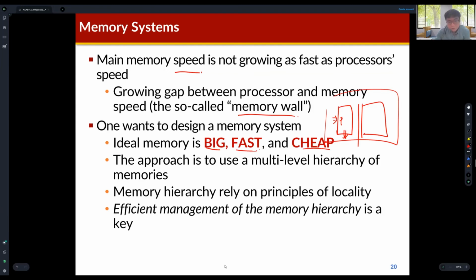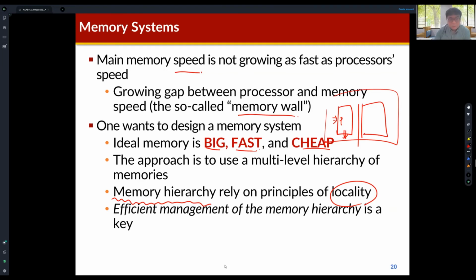But we cannot use this type of memory, so we have a memory hierarchy. The memory hierarchy relies on locality, data locality, which is also very critical. So we have cache memories, and a processor has register files.